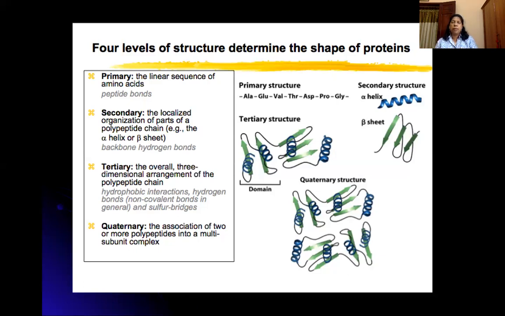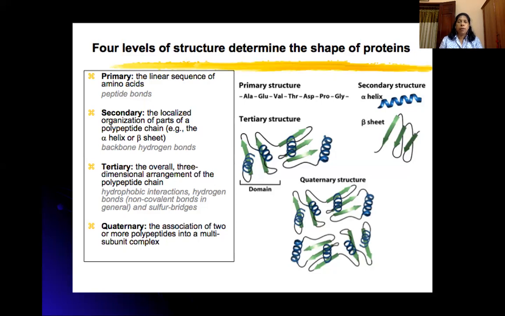So the first one has only peptide bonds. The second one has peptide bonds plus hydrogen bonds. The tertiary one has hydrophobic interactions, hydrogen bonds, as well as sulfur bridges, apart from the peptide bonds.